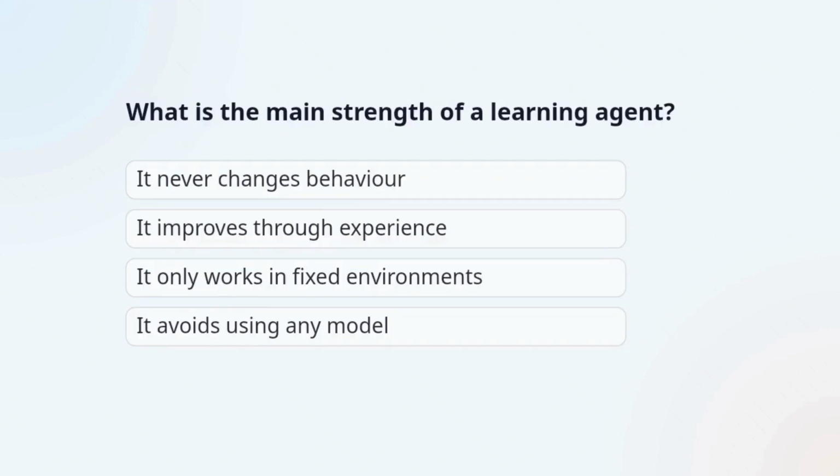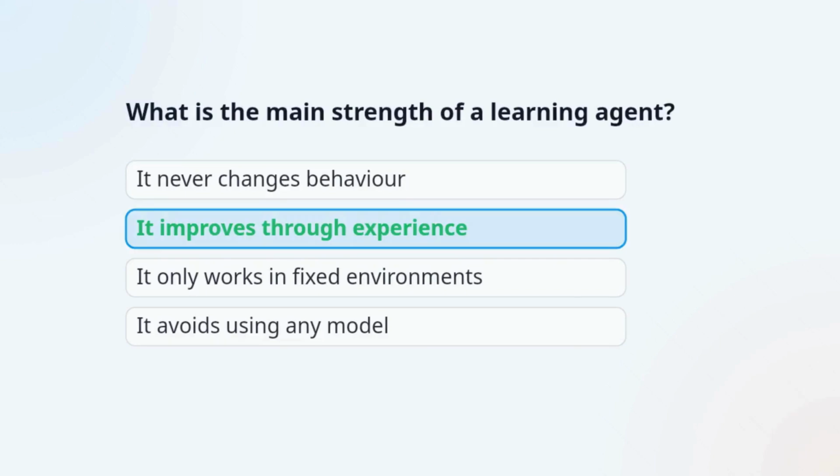Question 2. What is the main strength of a learning agent? The correct answer is it improves through experience. Learning agents observe results of their actions and adapt to perform better over time.